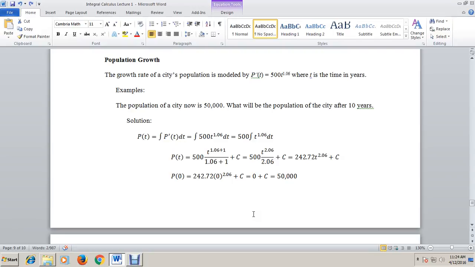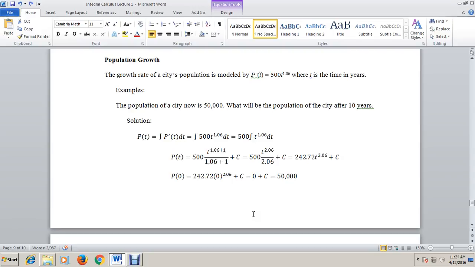Of course, the population growth is a function of time, meaning that as time progresses, the number of people in a particular city would grow, and it is modeled by this mathematical formula.